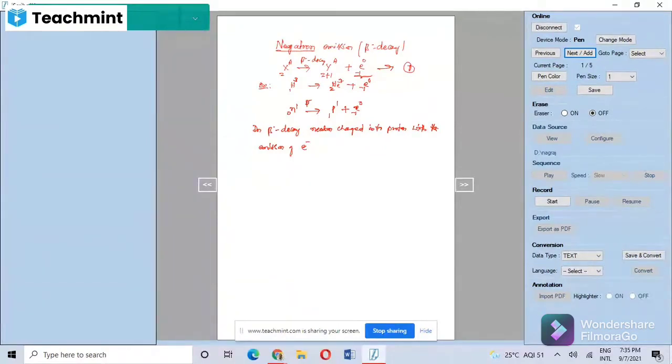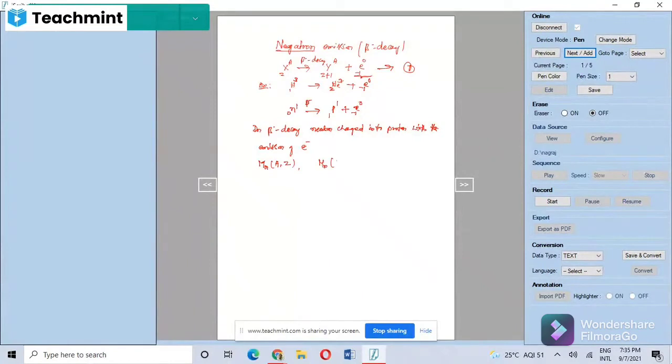Now, where Mn of A comma Z is the mass of the parent nucleus.